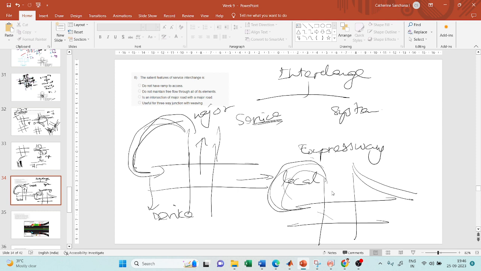On the other hand, in system interchanges, both the roadways crossing at different levels are major roadways, and they are connected by a system, or a network, of ramps.